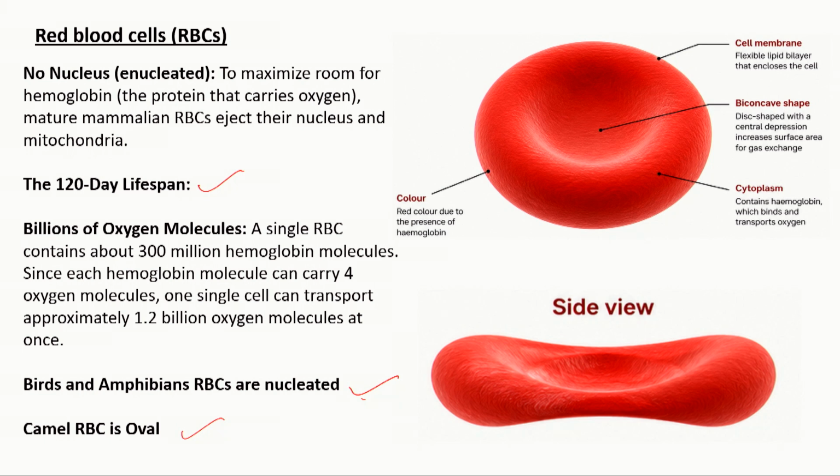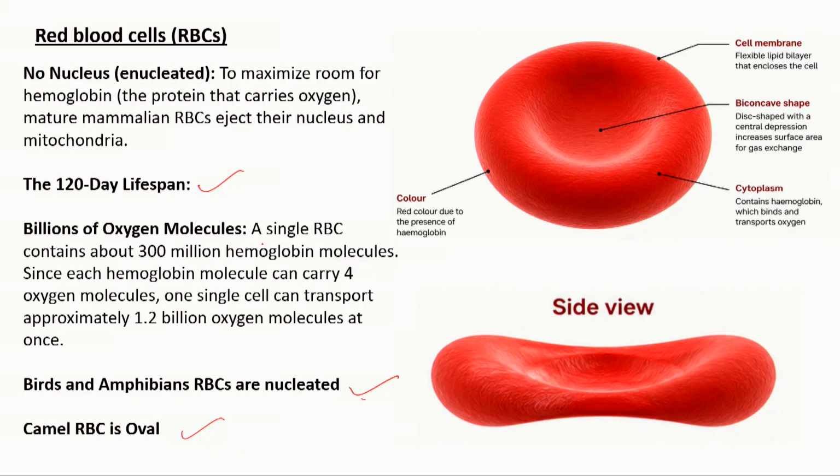So RBC forms in the bone marrow and then it goes to circulation, remains there for 120 days, and then after completing its lifespan it goes to the spleen, which is called the graveyard of RBC, and there it gets destructed and all its components such as hemoglobin, globin get segregated out, the protein part, the iron part, and all those proteins recycle back, going through a salvage pathway to produce new RBC cells. So this is a continuous cycle happening, and therefore the RBC maturation and their recycling is very important.